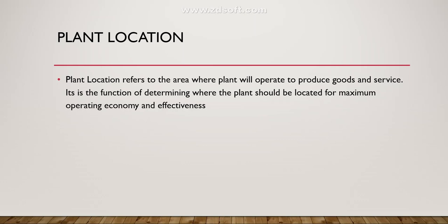Say, for example, take a business location where you're not getting raw materials, where the transport facility is not there, or where your production unit is located somewhere you're not able to really reach your customers. To reach them, you have to take the help of transportation, which is again a cost-oriented element for manufacturing units. So all these factors have to be kept in mind, and then the decision has to be made with respect to selection of plant location.